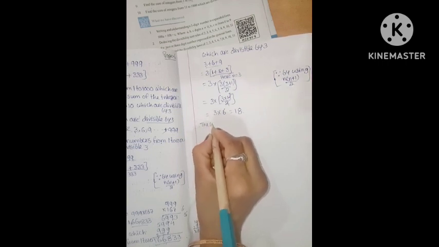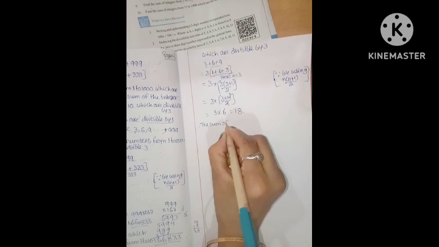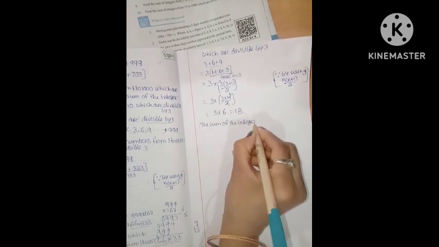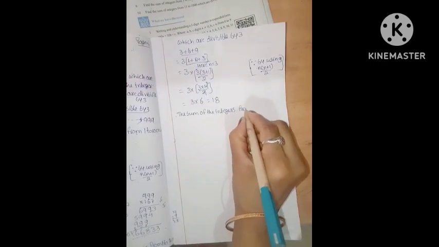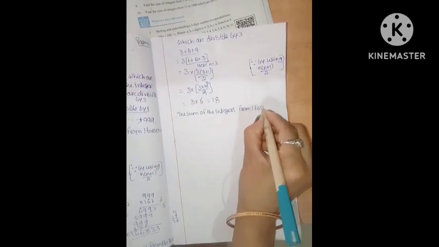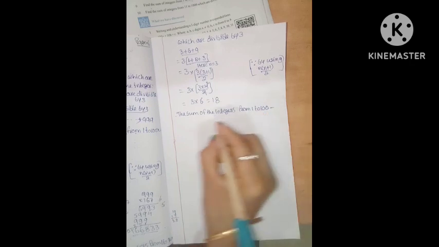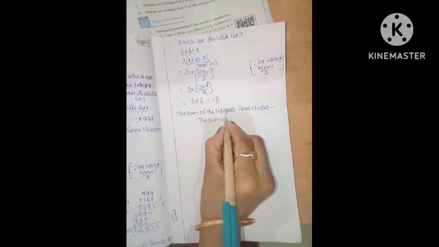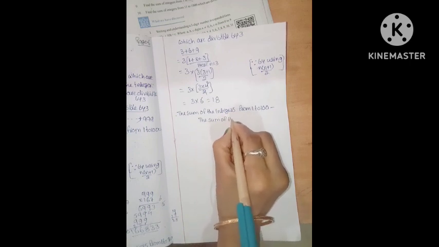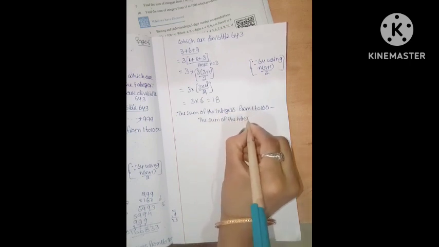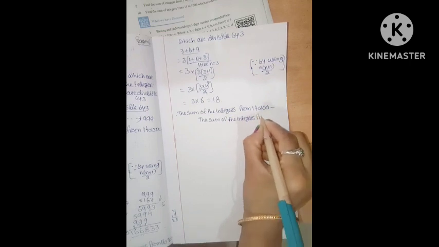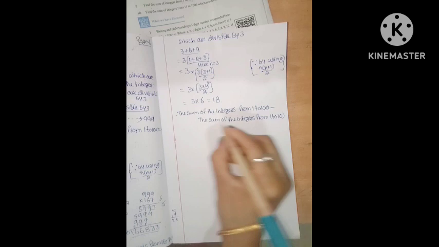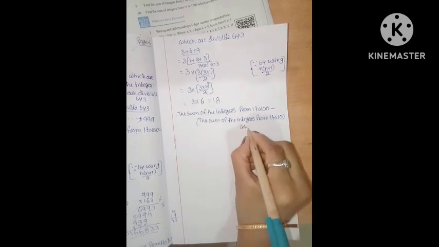The sum of the integers from 1 to 1000 minus the sum of the integers from 1 to 10, which are divisible by 3 only.